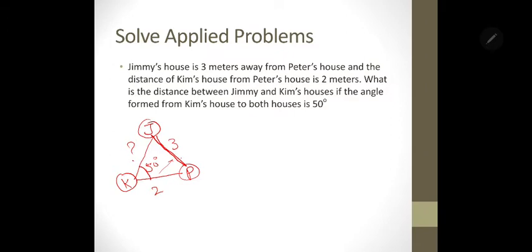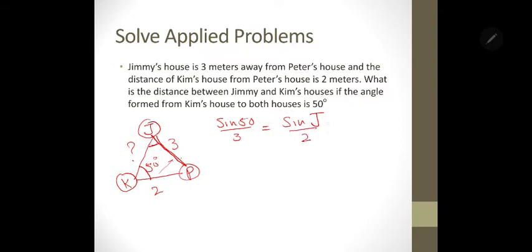To use the sine law, let's use this. Sine of angle 50 divided by 3 equals sine of J divided by 2, where J is this angle.